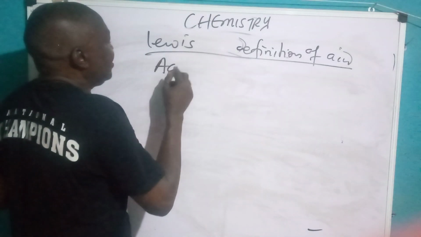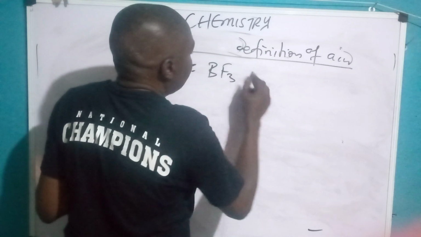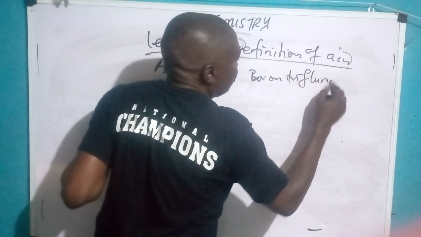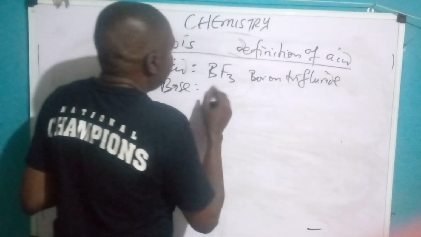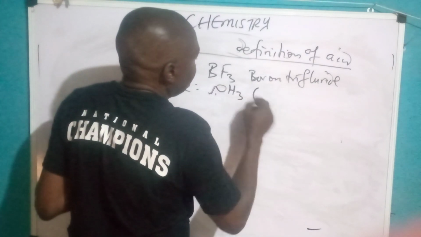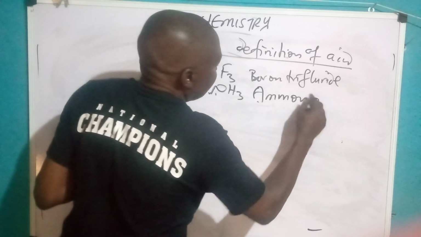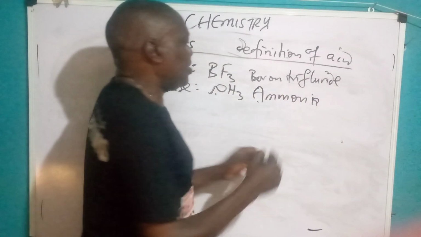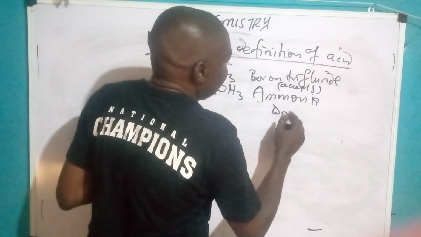An example of an acid is boron trifluoride. One example of a base is ammonia. You see it. An acid is an electron pair acceptor. This one accepts, and this one donates.